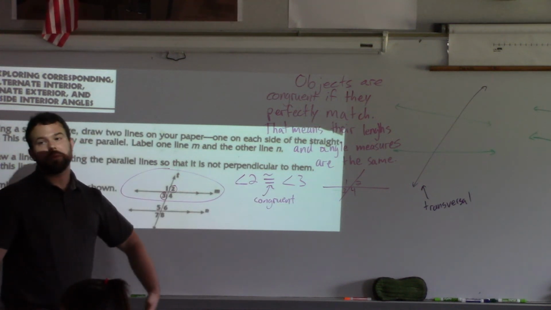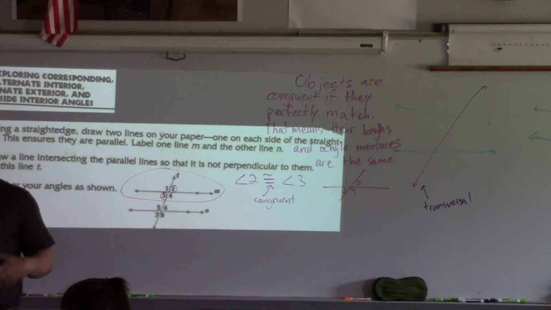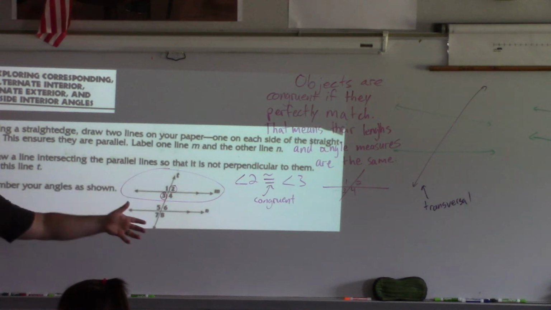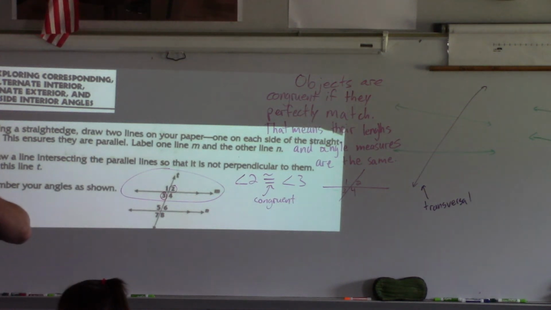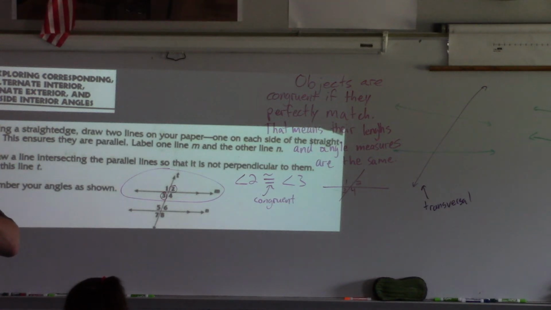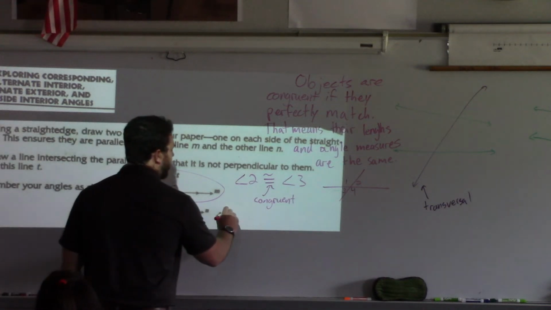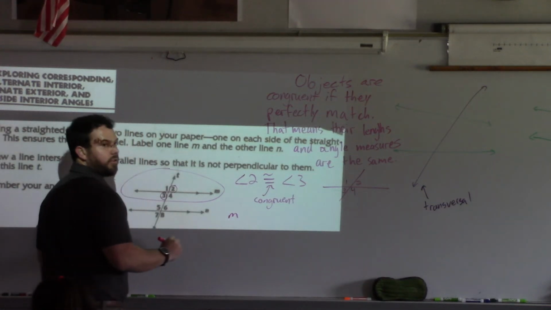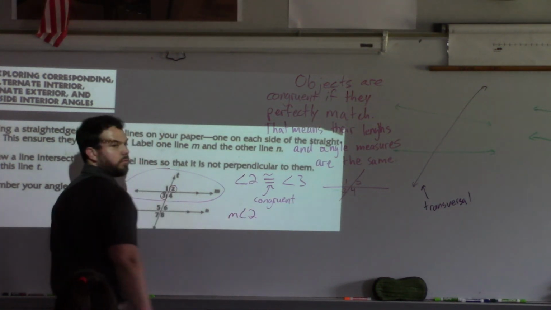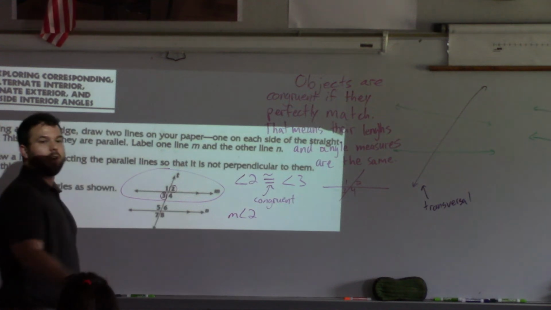The reason we would not say that they are equal is because numbers can be equal. Geometric figures cannot be equal, they can be congruent. Does anyone remember how I would indicate the measure of angle 2? What would I put first? M. And then what do I put after that? Equal. Measure of angle 2. Now the measure of angle 2 is a number, correct?